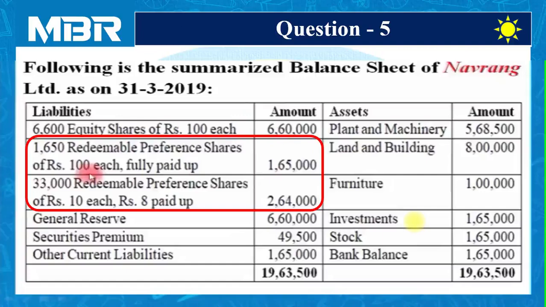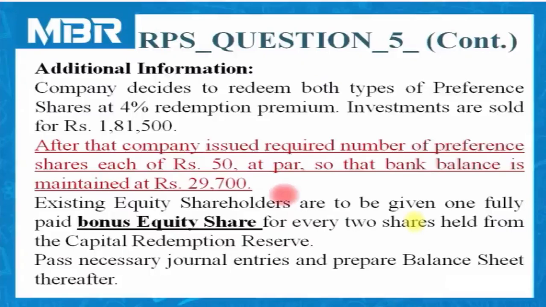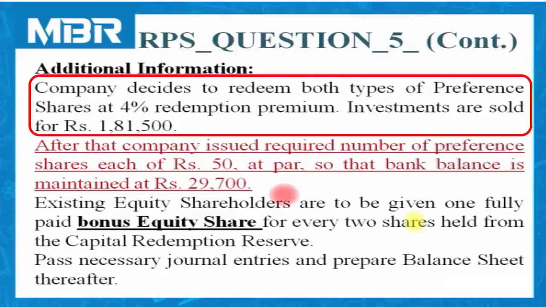Total 19,63,500. If you focus on this information, you can easily judge that we have two types of redeemable preference shares and we have to redeem both the types of preference shares simultaneously. That you can check in additional information part of your question.